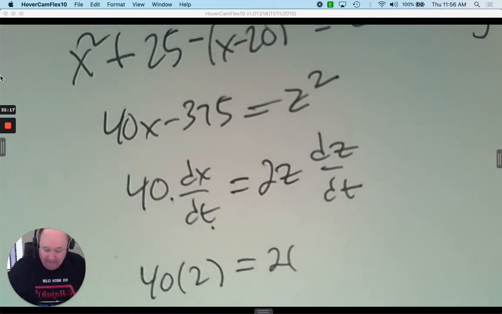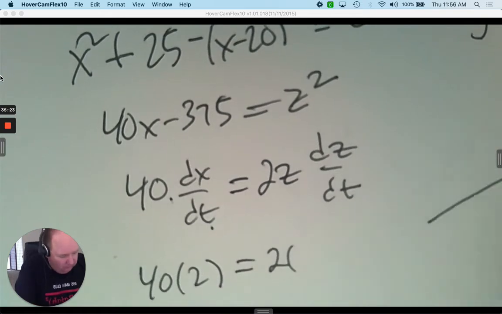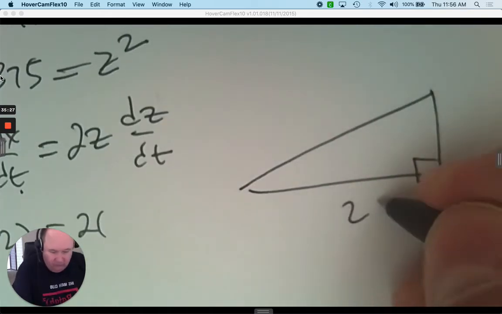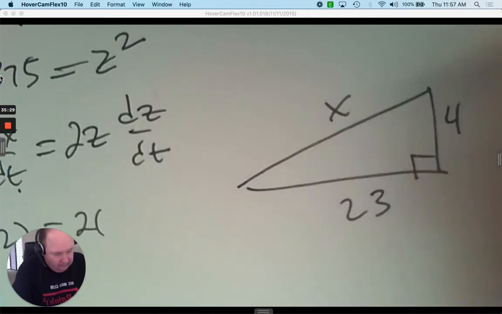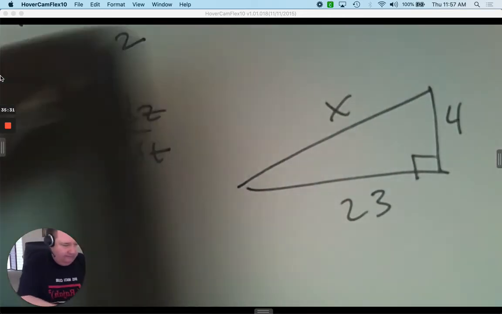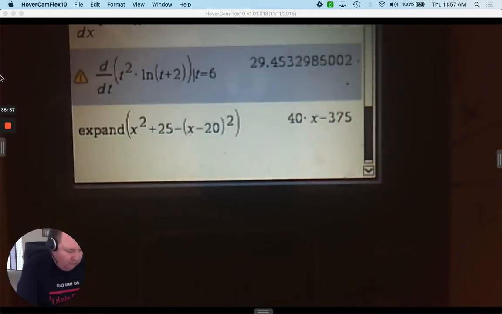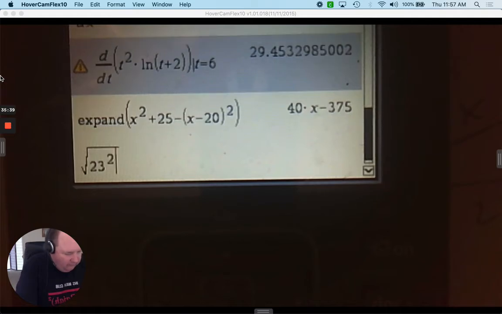The z, am I given what z equals? No, but I can find it because it's a right triangle, to know what z is at that time. So if I just drew the right triangle, this is 23, this is 4. I could solve for that. So ultimately it's the square root of 23 squared plus 4 squared.